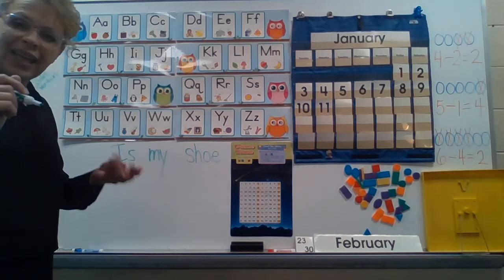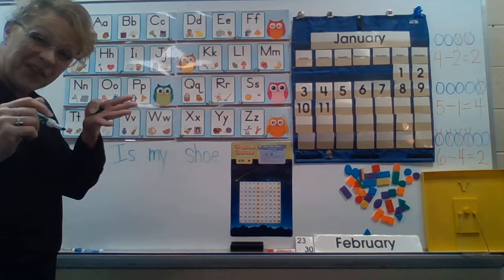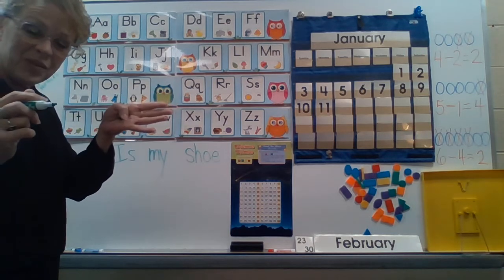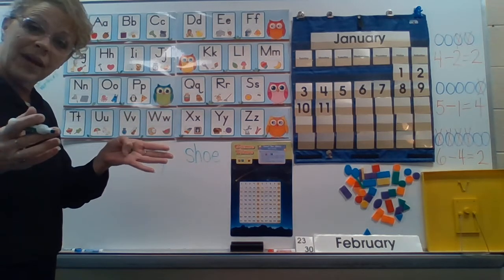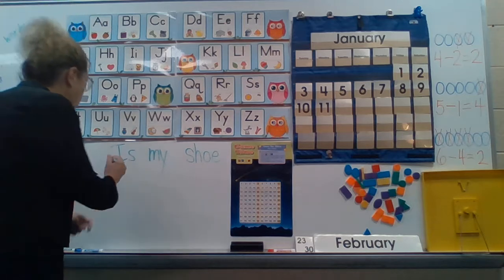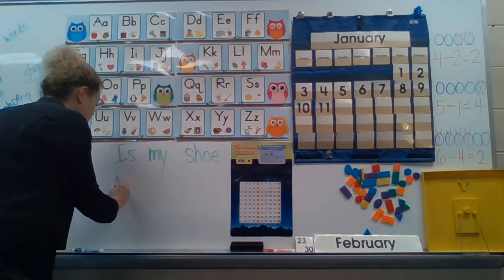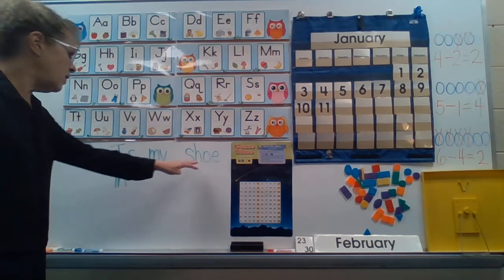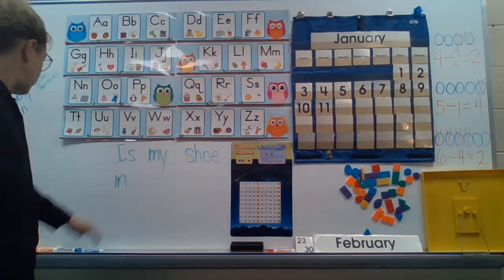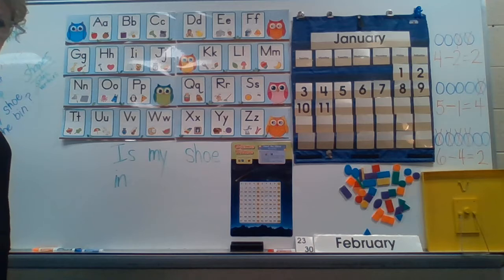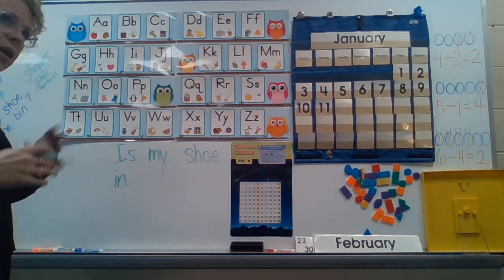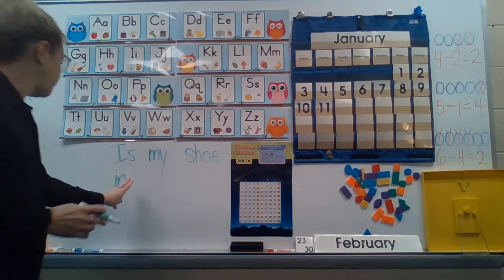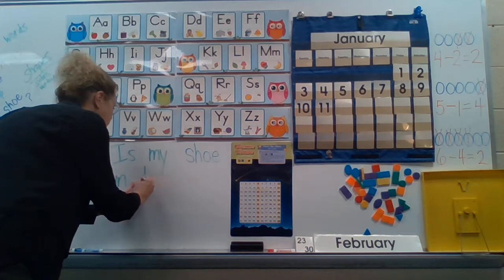Then I'm going to write in. Now that's the ending for our IN words, right? But it's also a word by itself, in. IN. Is my shoe in? And here's that sight word that we see all the time, the. And that's THE.